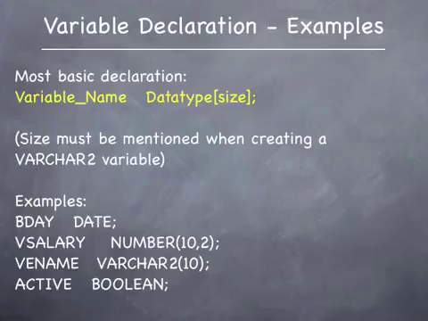The variable called active is of Boolean type and it can store the values true, false, or null. When declaring a variable, each variable declaration should be terminated with a semicolon. Also note that in all these examples, the initial value that is stored for these variables will be null.